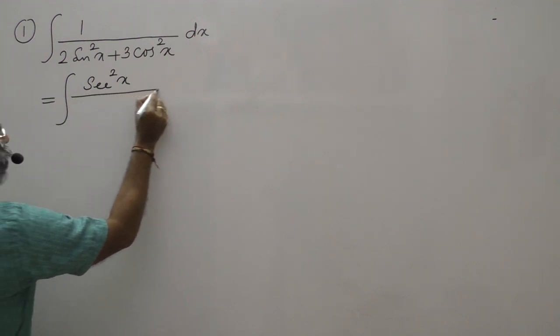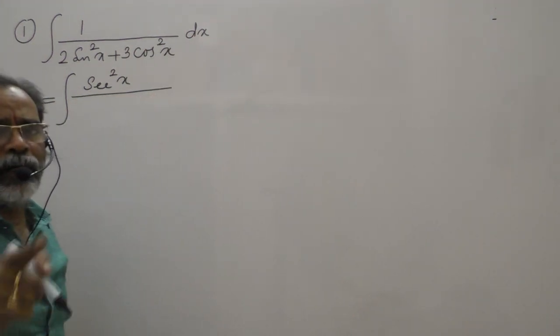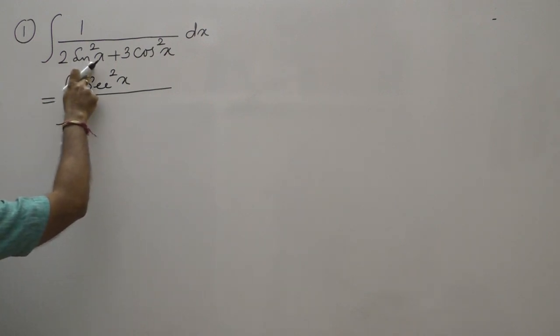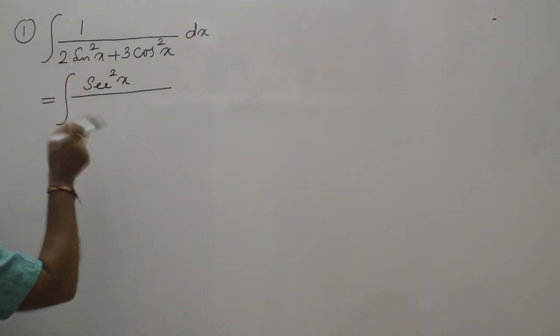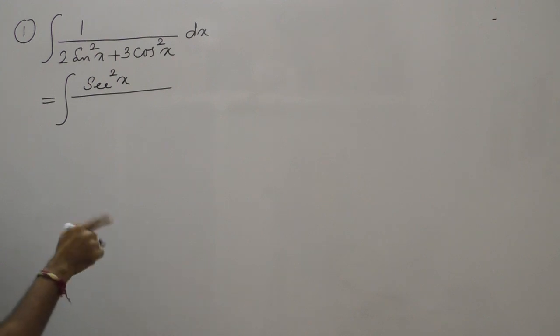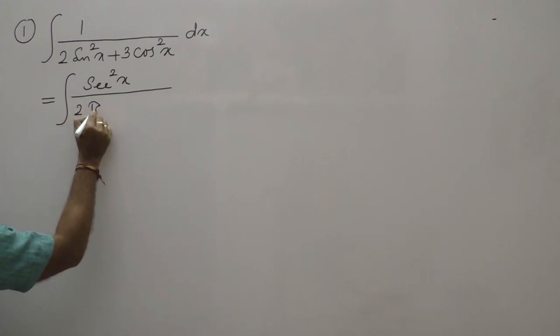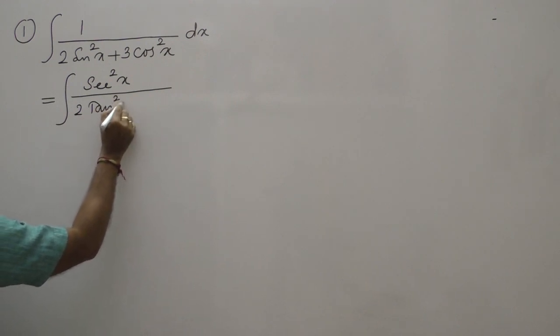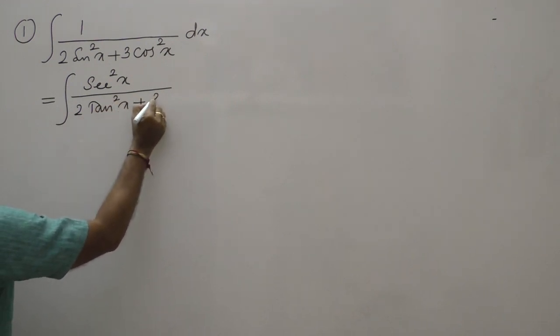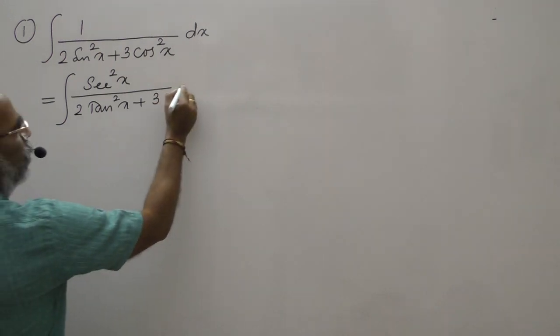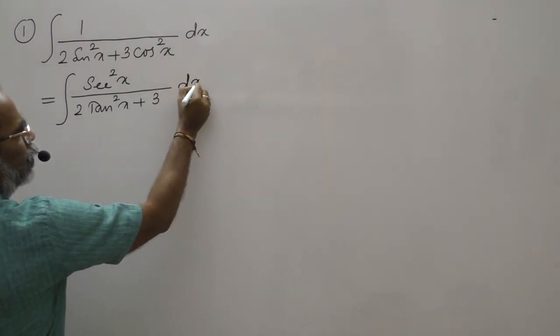Multiplying with secant square x means dividing by cos square x. We get 2 tan square x plus 3, since 3 cos square x by cos square x is 3, into dx.